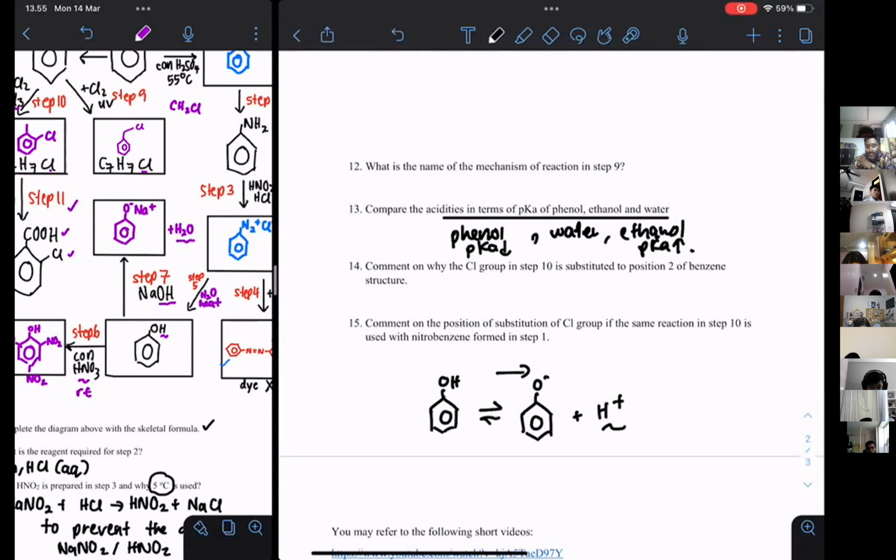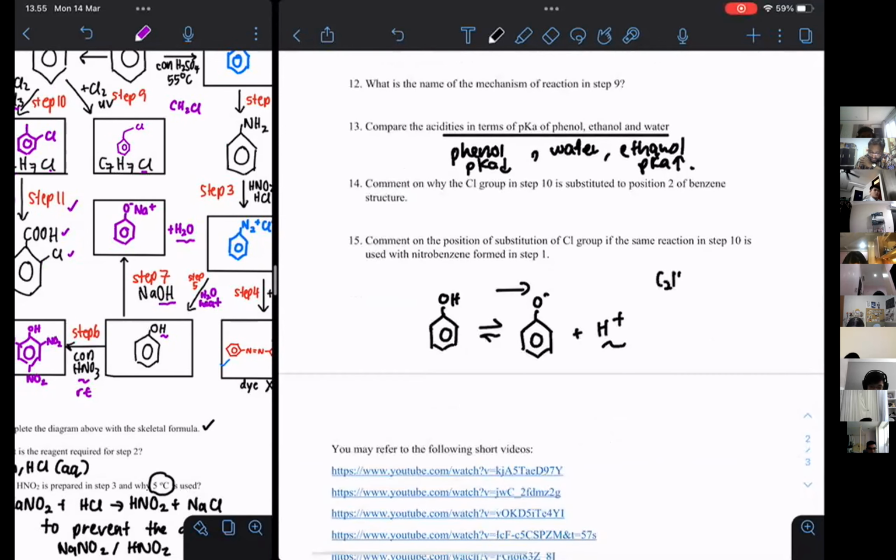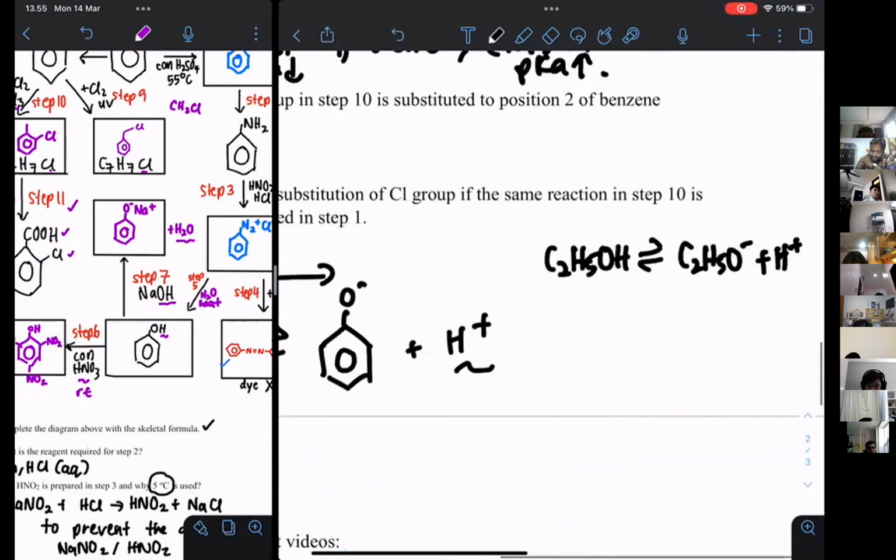So this is going to be the reason for ethanol. Ethanol is C2H5OH. It is going to give you C2H5O minus plus H plus. We know that the alkyl group is going to be an electron donating group, the positive inductive effect. So they will actually push the electron closer.